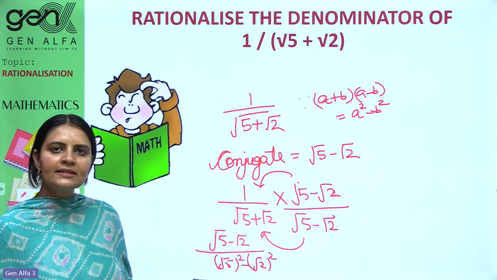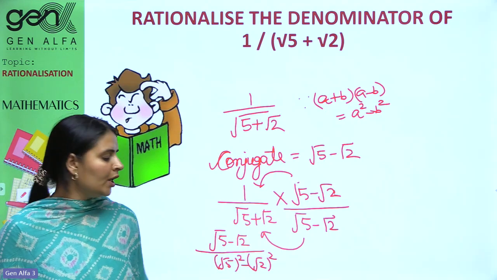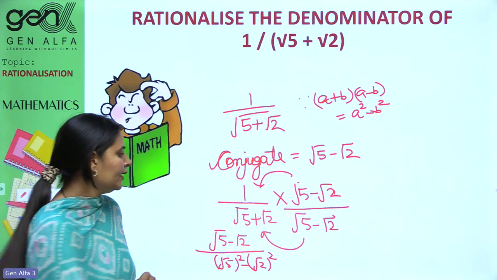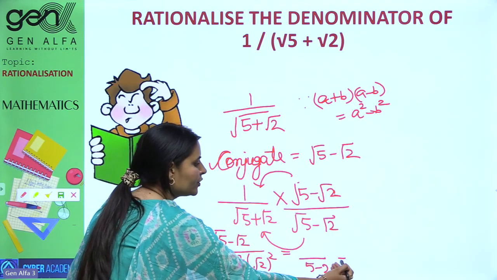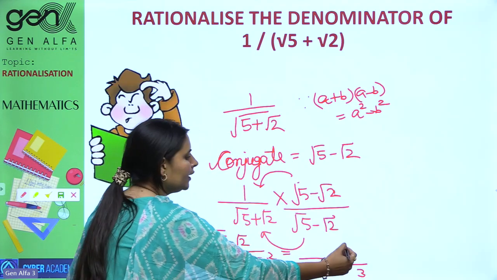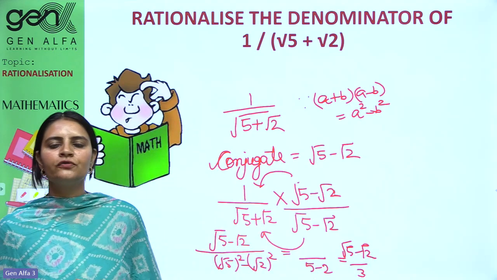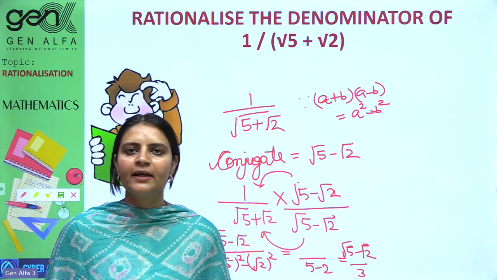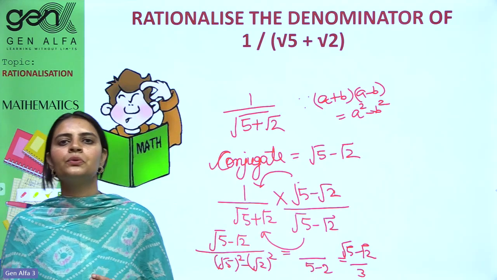This square would be cancelled by this square root, and this square would be cancelled by this square root. So in the denominator, what would be present again? 5 minus 2 only, that is your 3, and keep the numerator as it is. That is your answer: under root 5 minus under root 2 divided by 3.